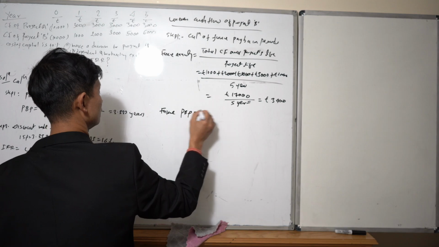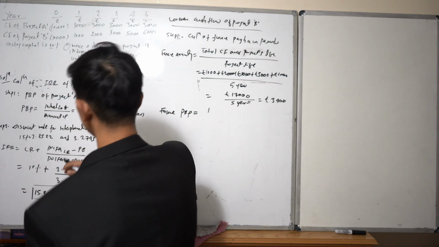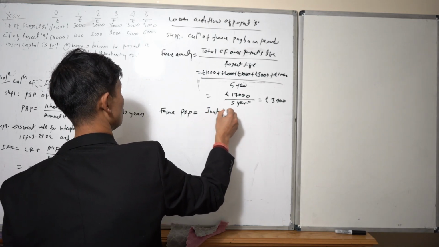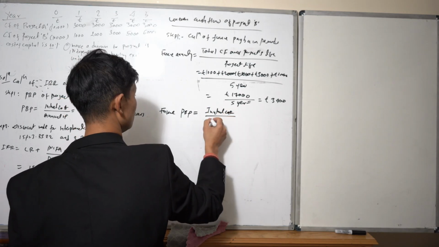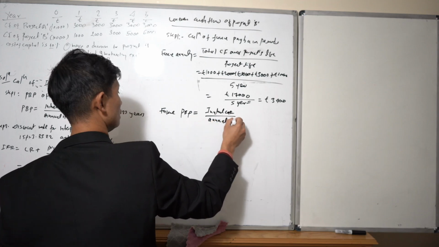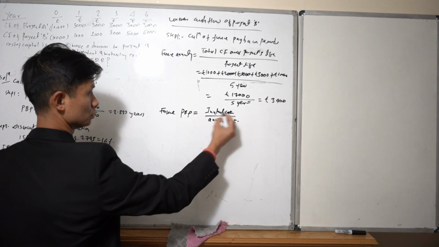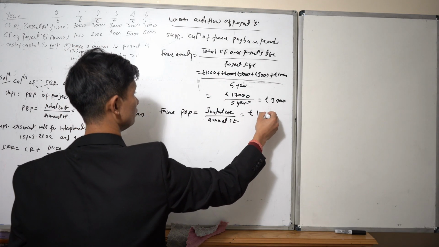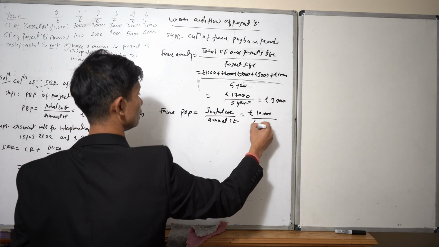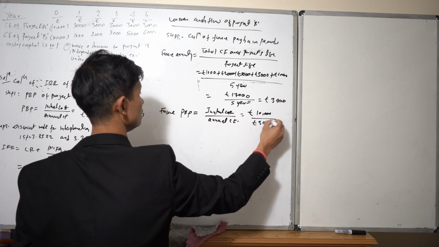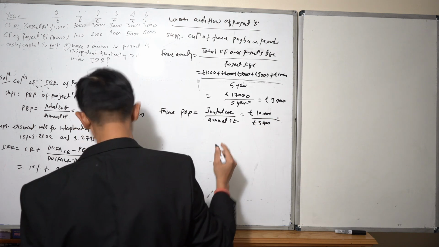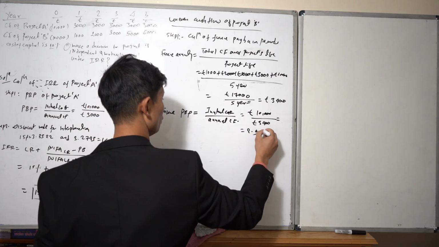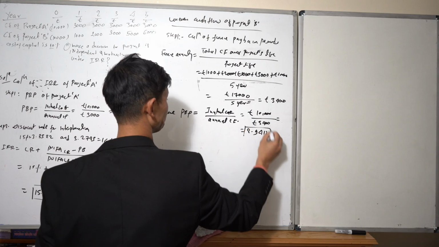And for the fake payback period, again over here we'll use the formula: initial cost divided by annual cash flow. So initial cost, we know project B also has 10,000 pound, then annual cash flow is 3,400. In this way we get the fake payback period of 2.9412.